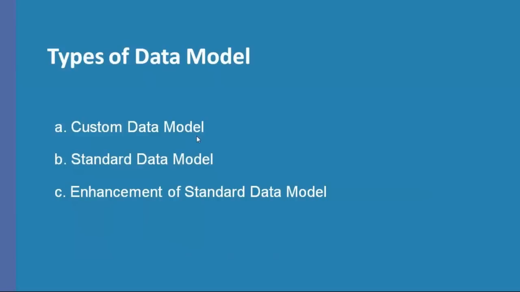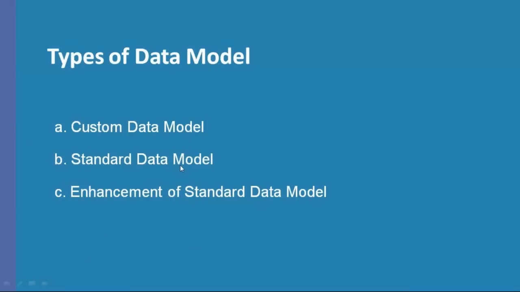It is completely based on the requirement we are creating from our end. There can definitely be some standard or custom attributes, but that is a different story. The concept of the data model is completely a custom concept.